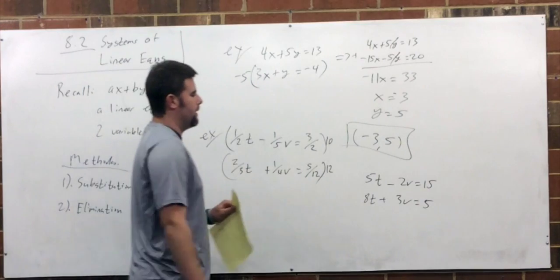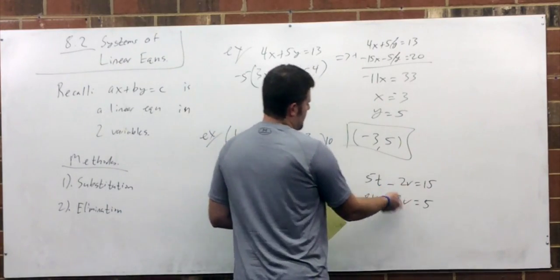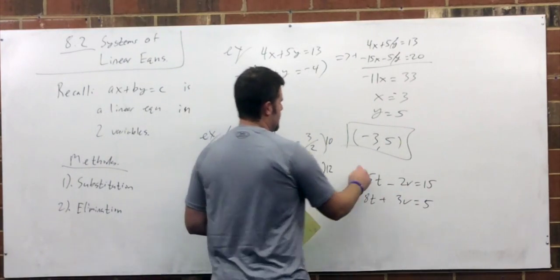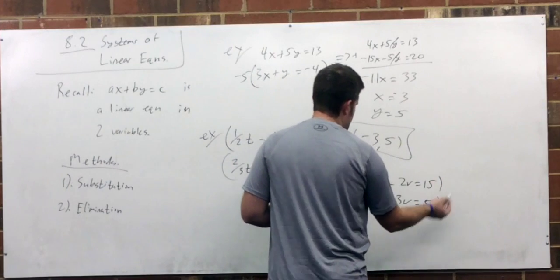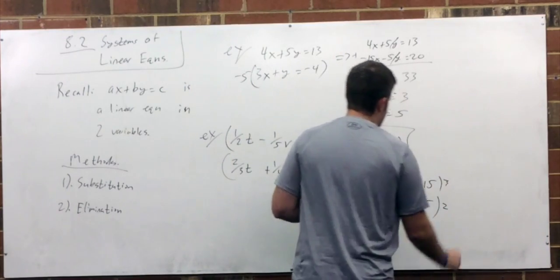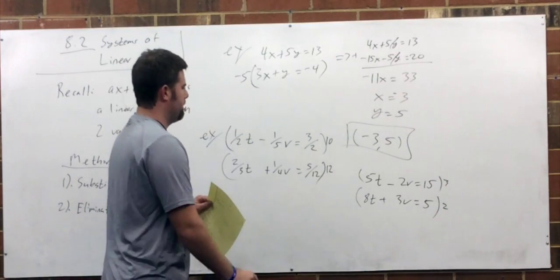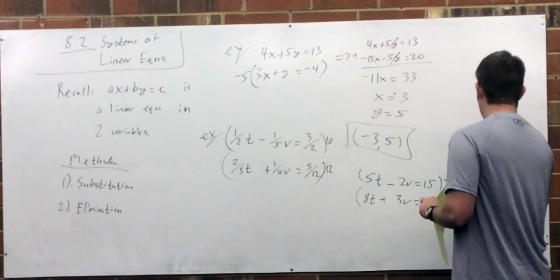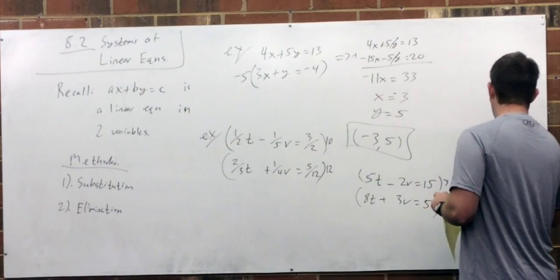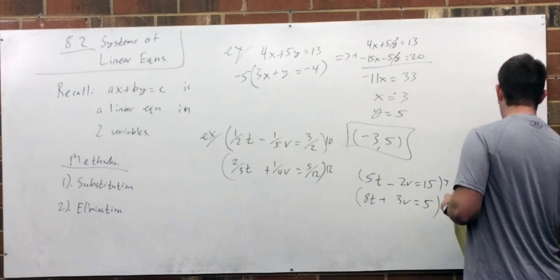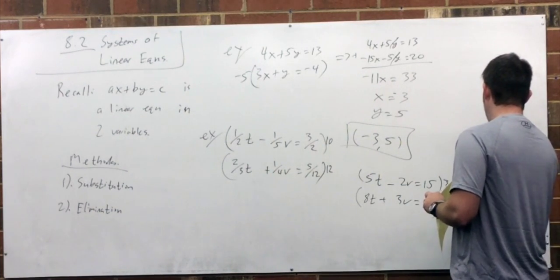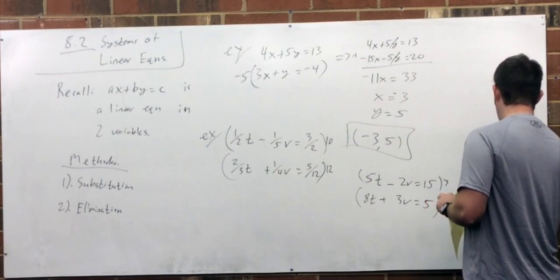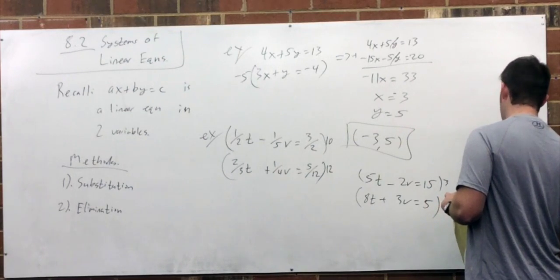And now we can go about our method of elimination. I would eliminate the v in this situation. Multiply the top by 3 and the bottom by 2. And that would lead us to 15t minus 6v equals 45, and in the bottom we go 16t plus 6v equals 10.